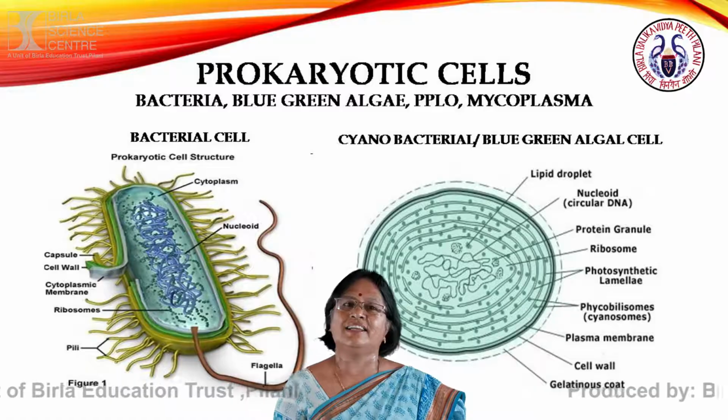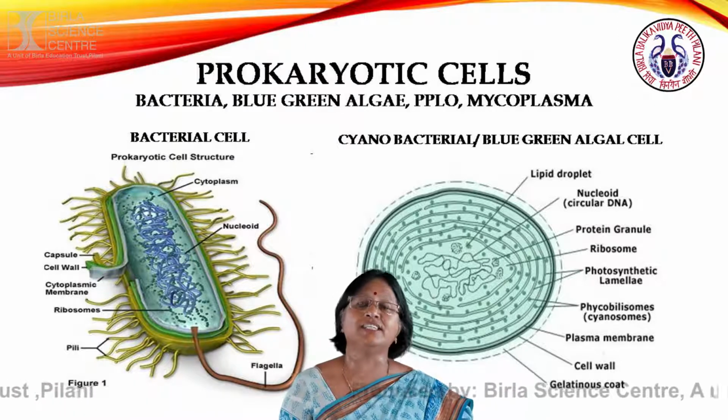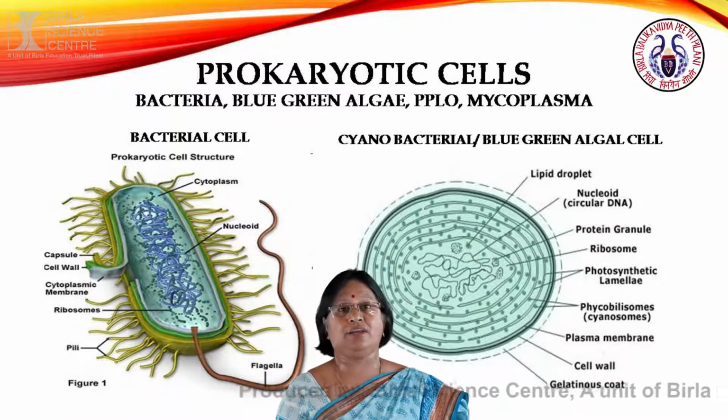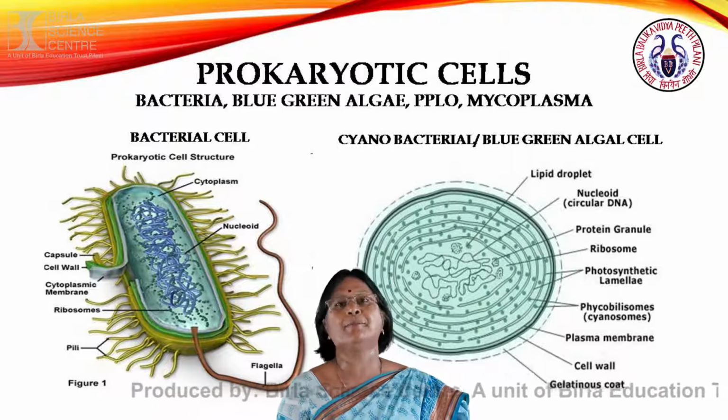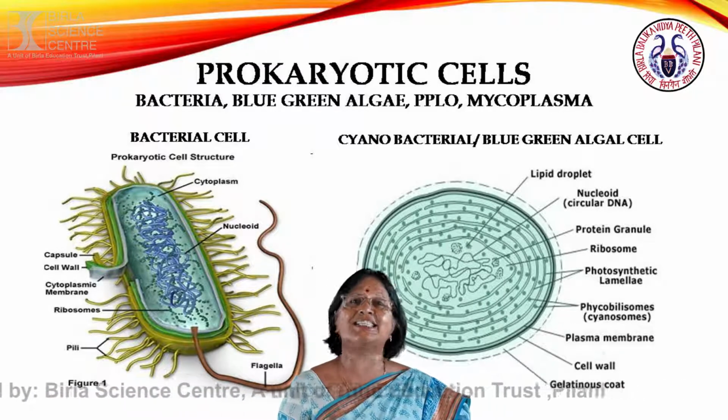Now let us come upon the prokaryotic cell. Now what is this new term, prokaryotic? Pro means primary, primitive, very undeveloped. Karyon means nucleus.